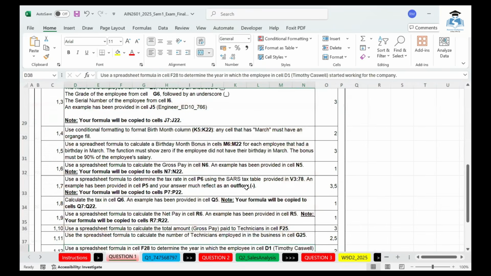I think they mixed up here. Calculate the tax in cell Q6. An example has been provided in cell Q5.